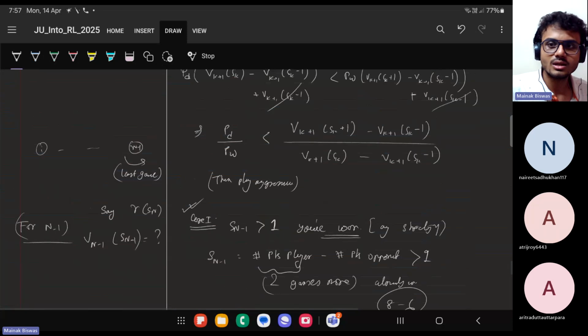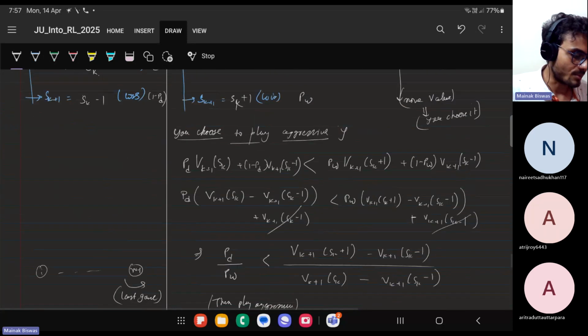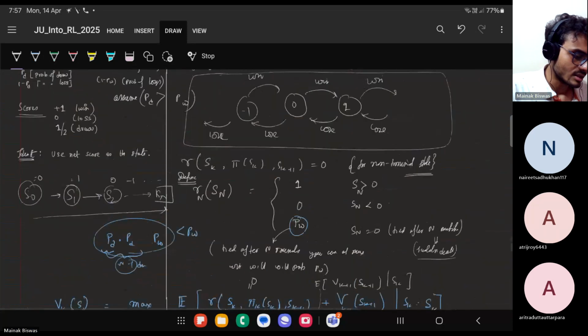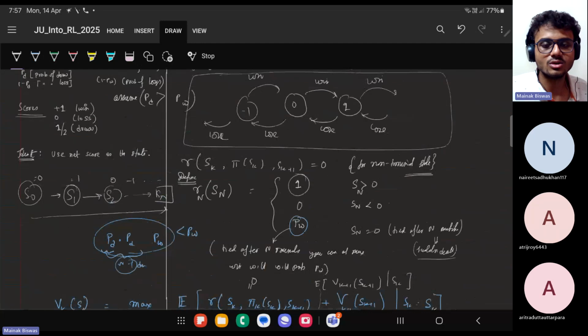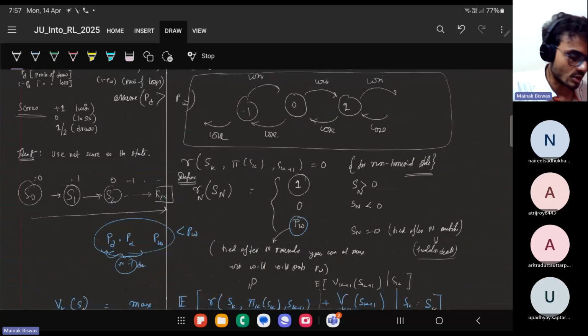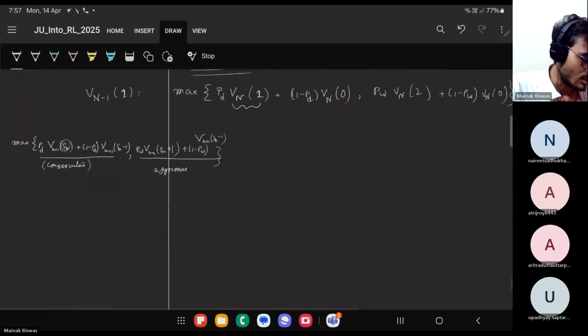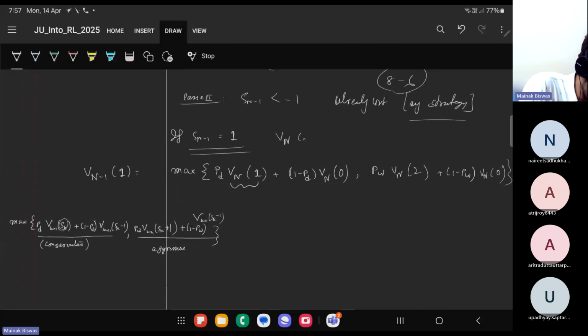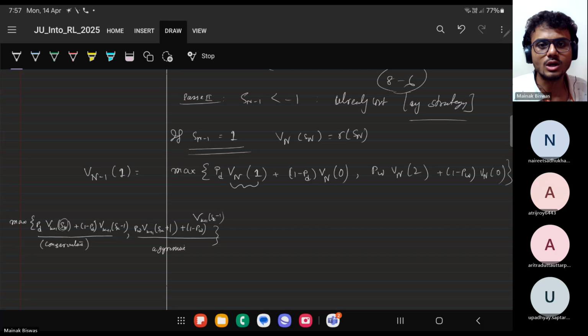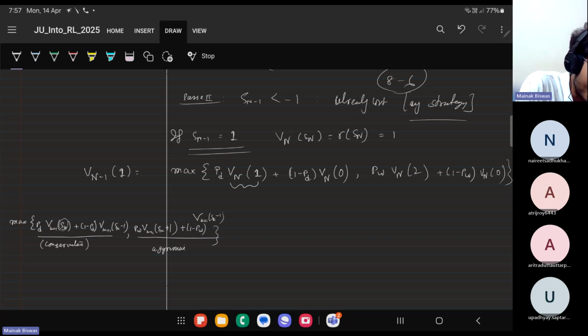After n steps, if you are positive, it means you get a reward of 1. Yes or no? That's what we define. So again, if you don't remember, V_n of S_n is just R of S_n. So what is the reward if you are at 1 after n games? We have defined it as 1.